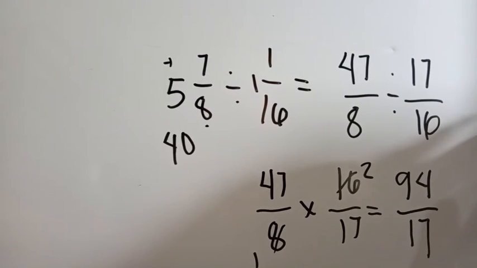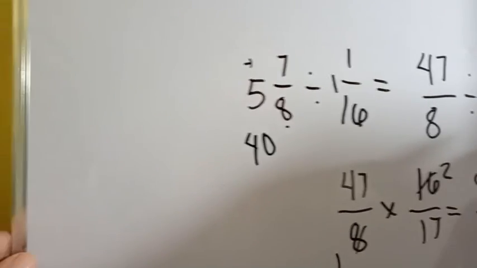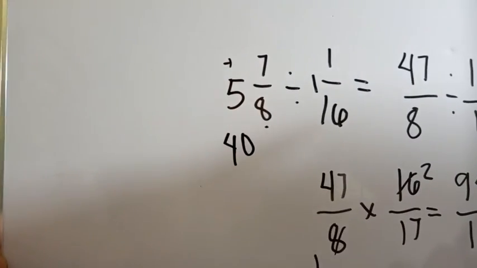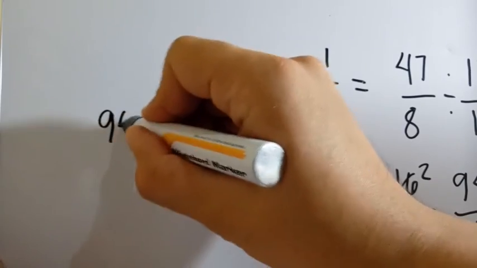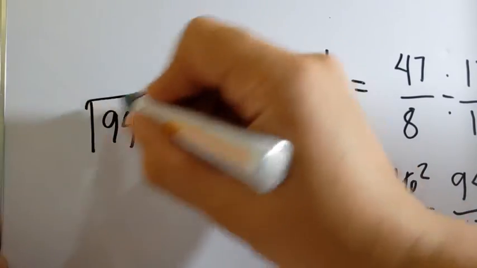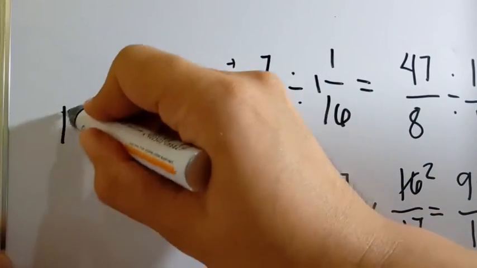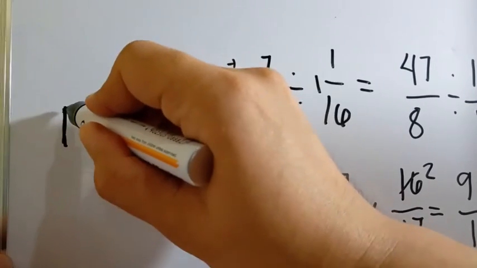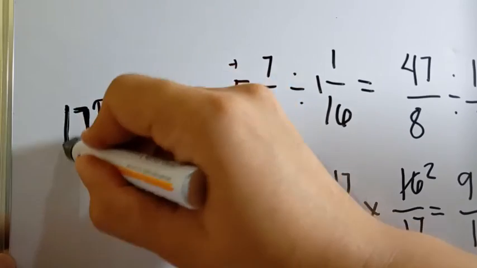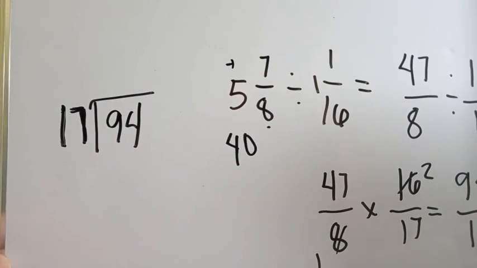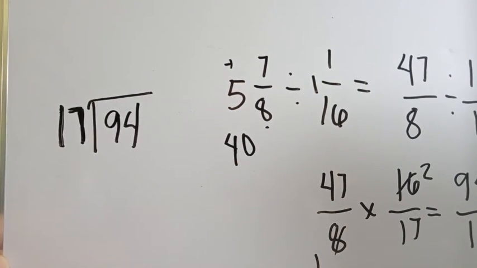So, how are we going to simplify it into a mixed number? So, we have 94 divided by 17. Okay, so 94 divided by 17 is what number?